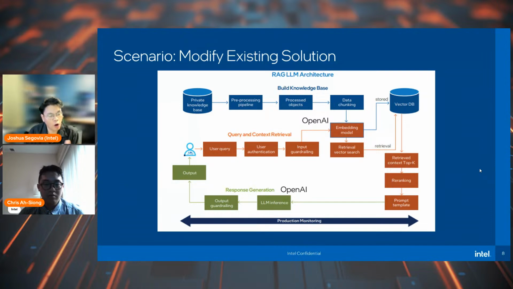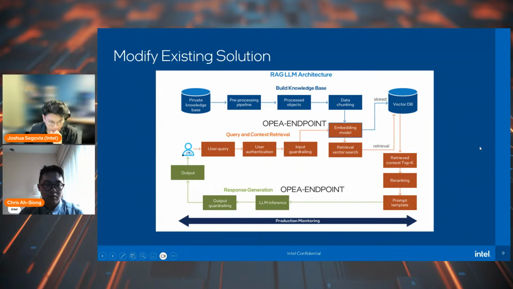And we wanted to augment that solution by creating a VLM OPEA OpenVINO endpoint that made use of an OpenVINO intermediate representation quantized model. If we go to the next page, the modifications here are that instead of OpenAI, we went to OPEA endpoints for these two.